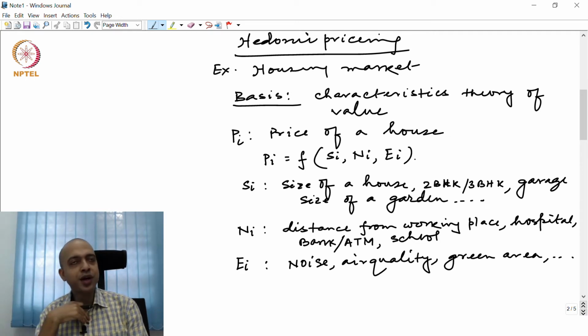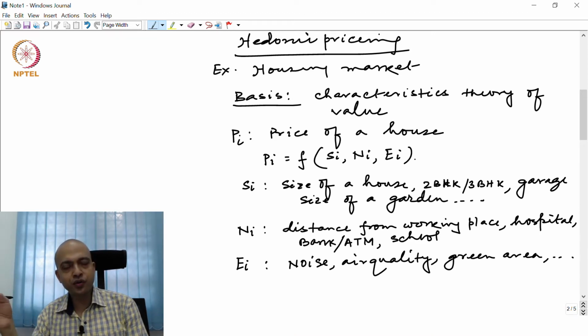For example, I am a customer, I want to buy a house and my preference is for air quality and a school. So I will immediately find a house based on my preference by equating marginal cost and benefit of air quality and having a school.